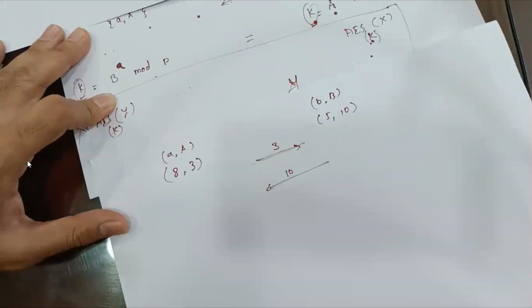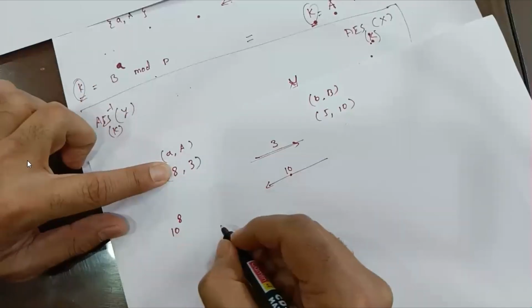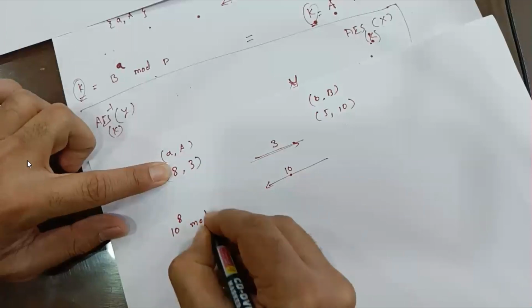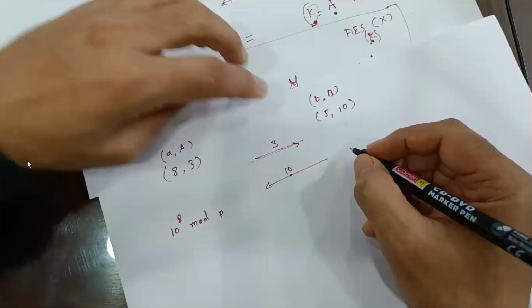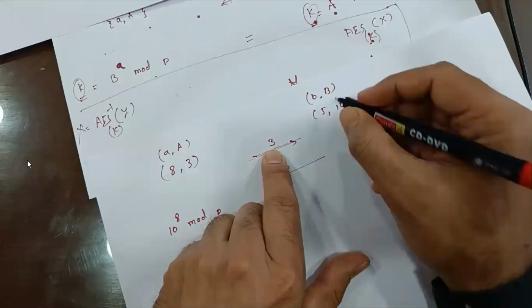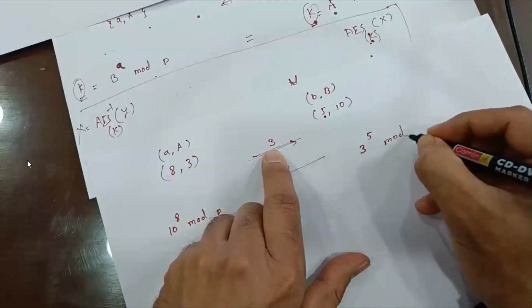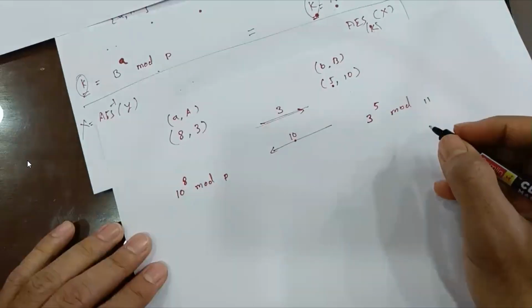So what you are doing with this 10 is raised to the private key mod p, and you have received 3 here, so 3 raised to your private key, that is 5, mod 11. Can you please calculate now?